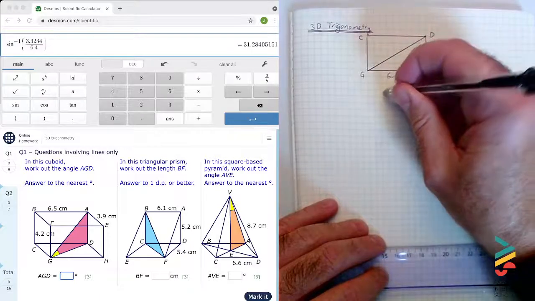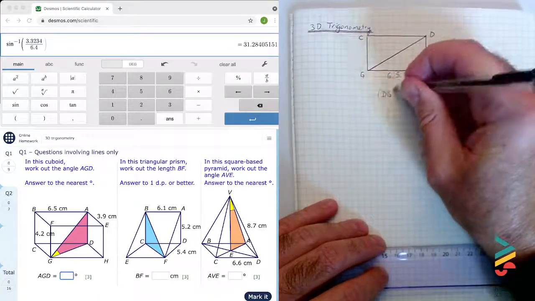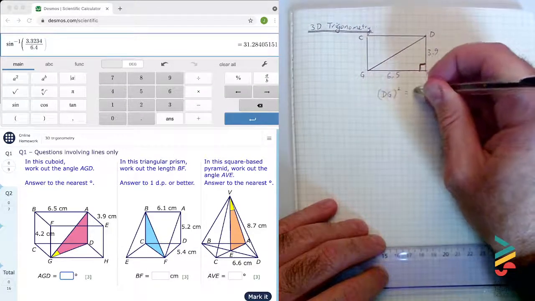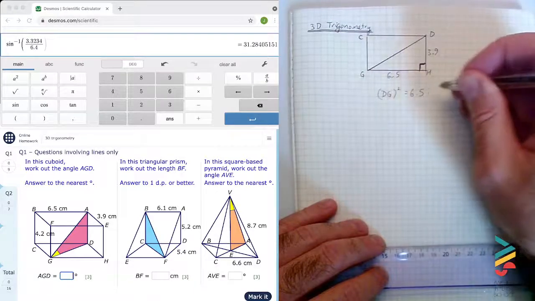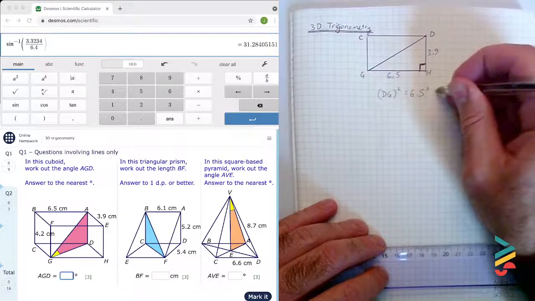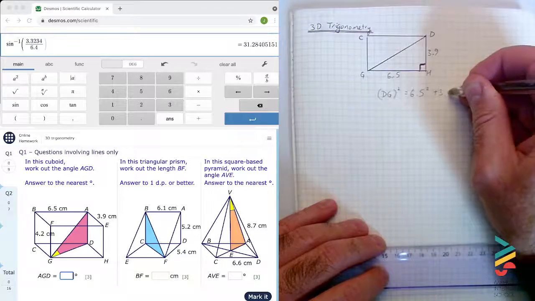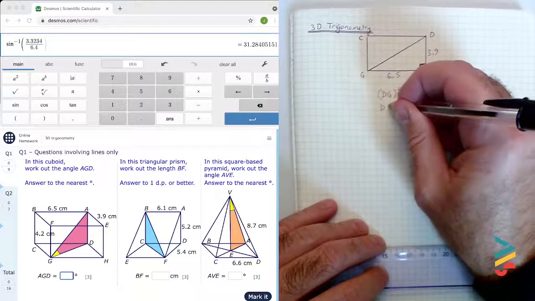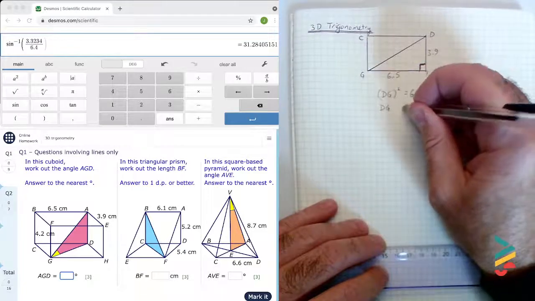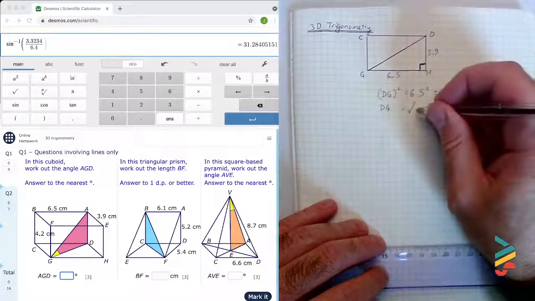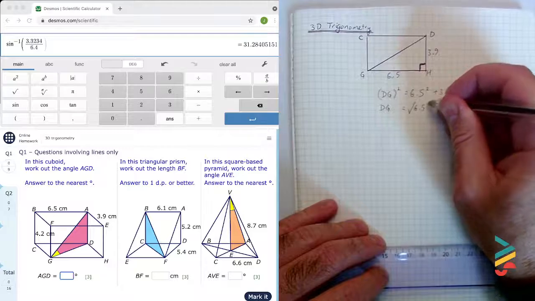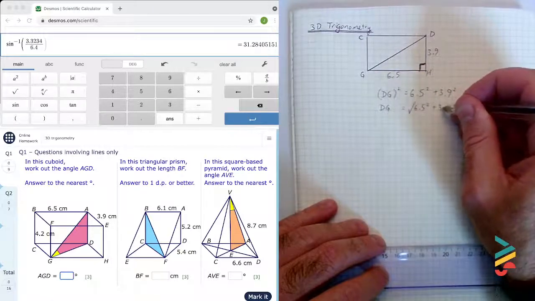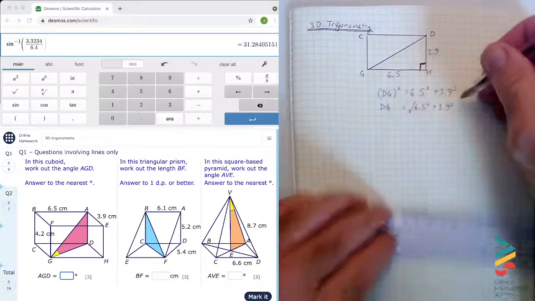So DG squared equals 6.5 squared plus 3.9 squared. So DG itself is just going to be the square root of 6.5 squared plus 3.9 squared.